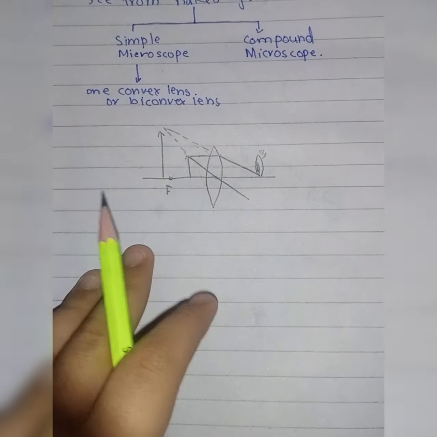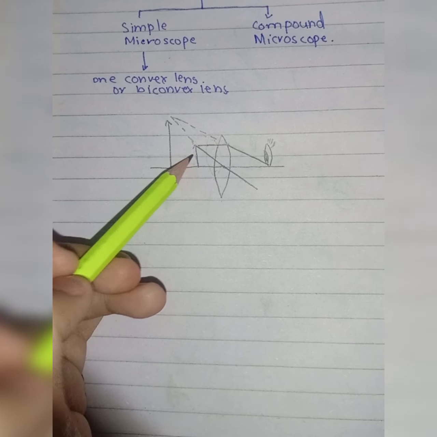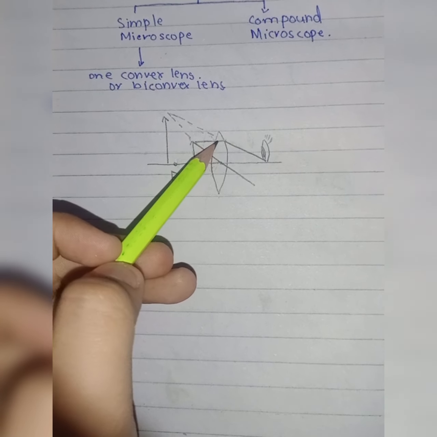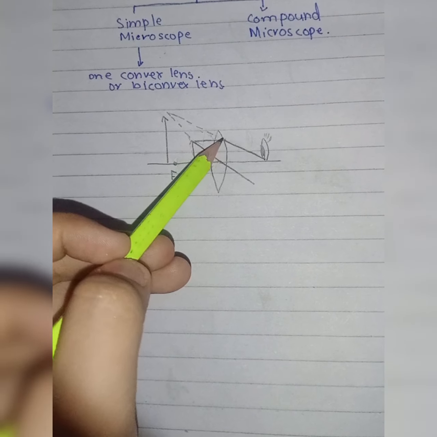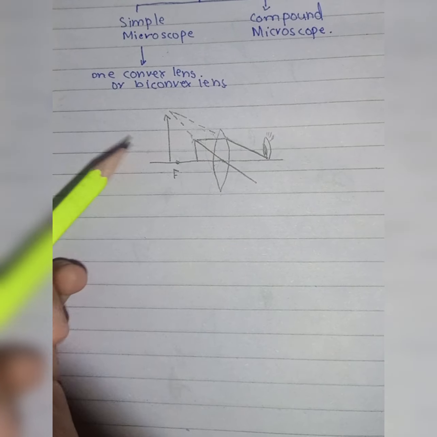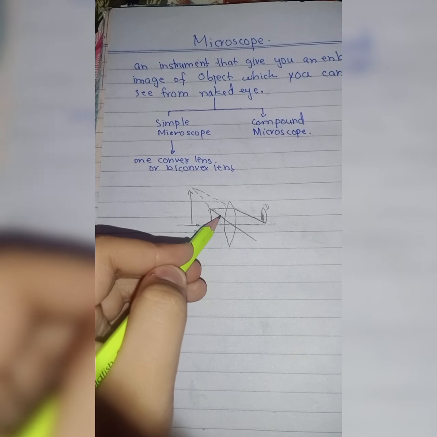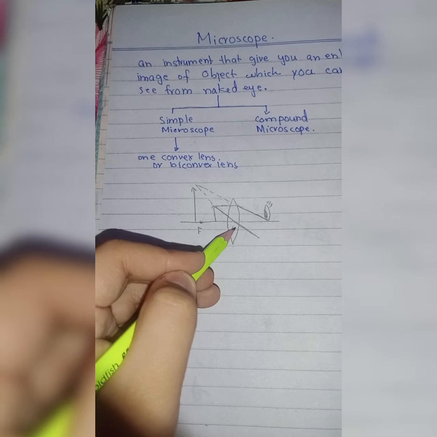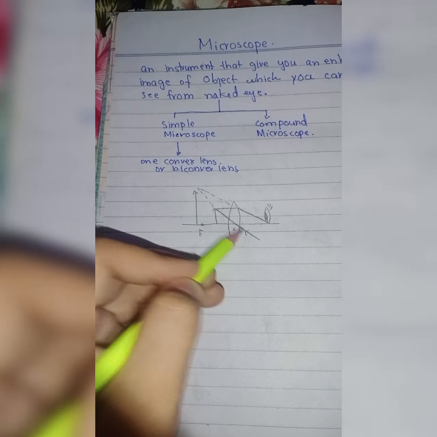So let me tell you the procedure, what happened here. First of all, we have a convex lens and the object is here. Now the ray of light comes and moves to the eye. This ray is parallel to the principal axis of the lens. Then this other line moves through the optical center and passes along the same path.